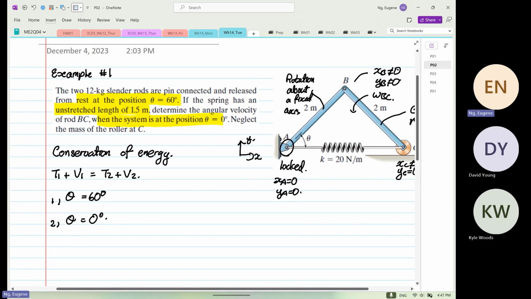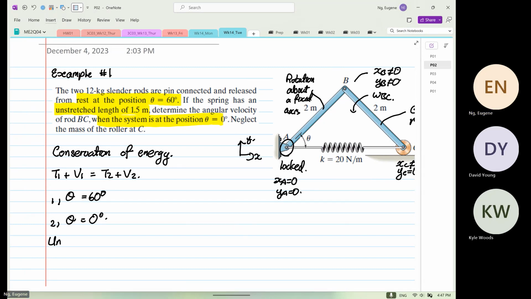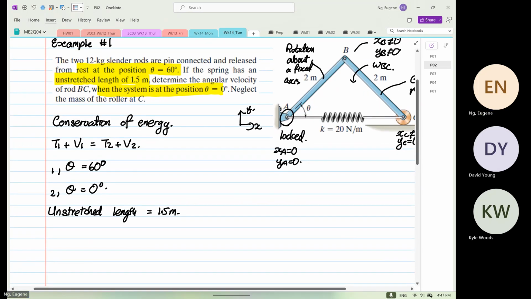So other further information that we know is the unstretched length is equal to 1.5 meters.